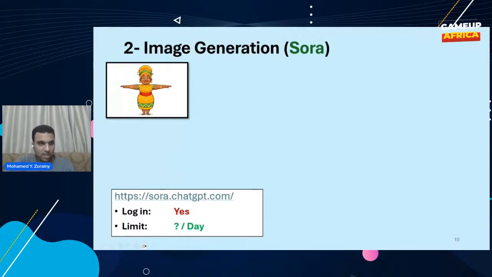So as you can see, this is the image that I created. I removed the baby. I told the AI that I wanted the T-pose, so I got this image. It was pretty good for me. I can take this to the modeling directly.